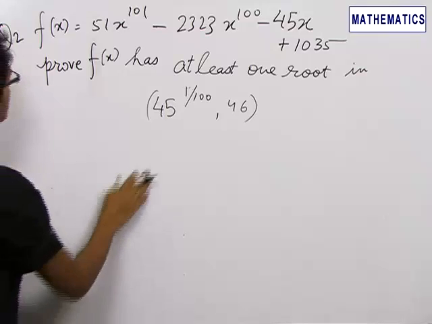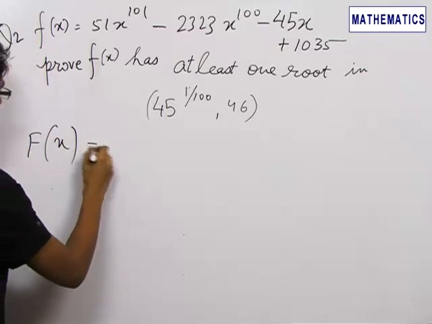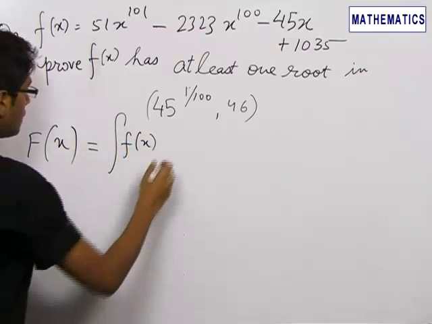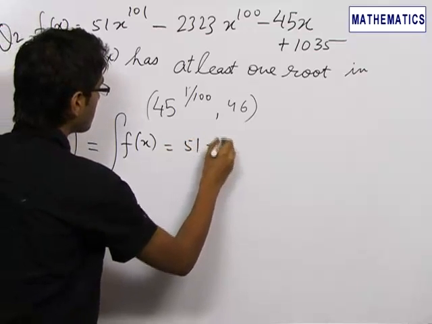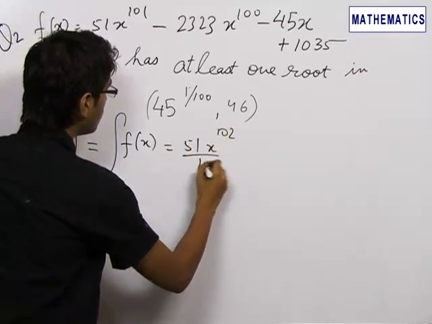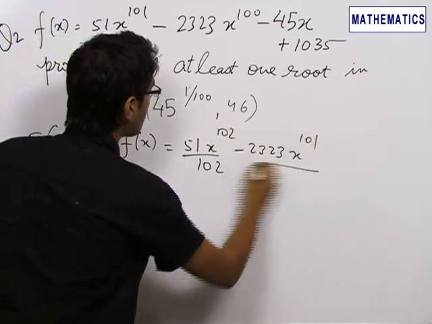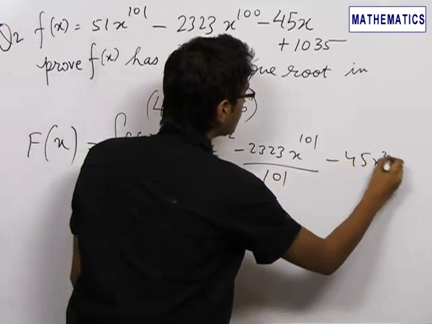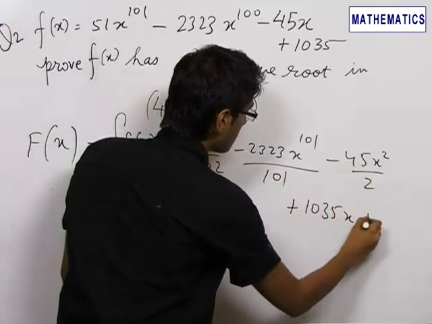So in order to proceed with this problem, we consider a capital F(x) function such that capital F(x) is equal to the integration of f(x), which is equal to 51 x^102 upon 102 minus 2323 x^101 upon 101 minus 45 x^2 by 2 plus 1035 x plus c.